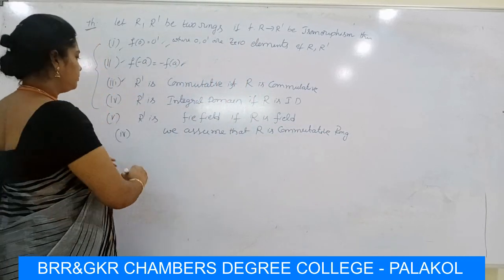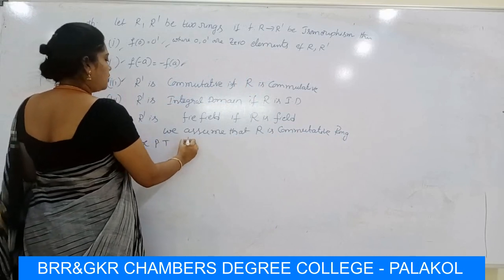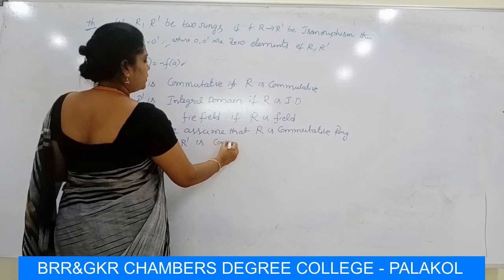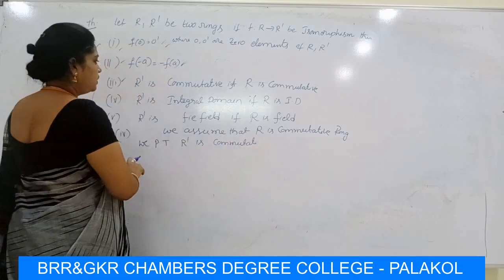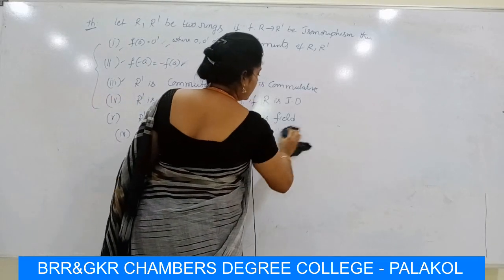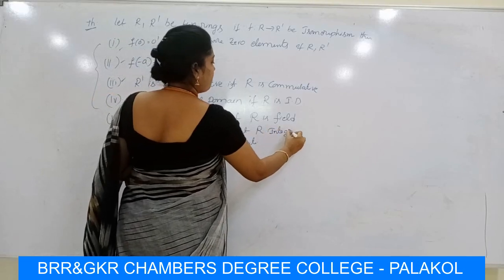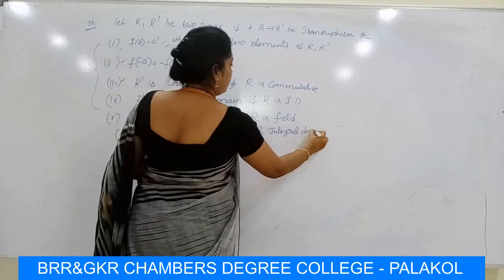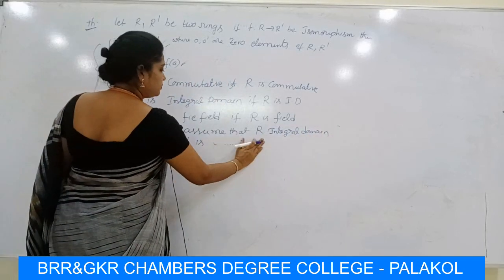We prove that R dash is commutative. R is an integral domain. We have to prove R dash is an integral domain.